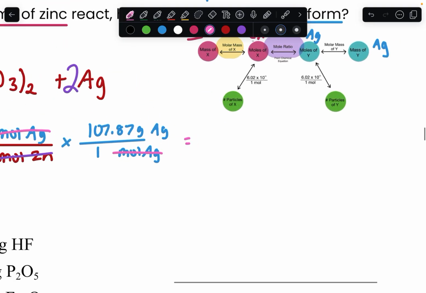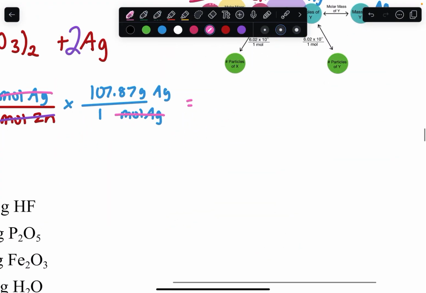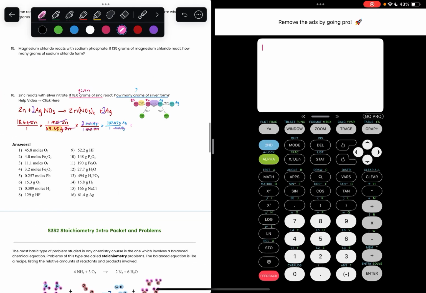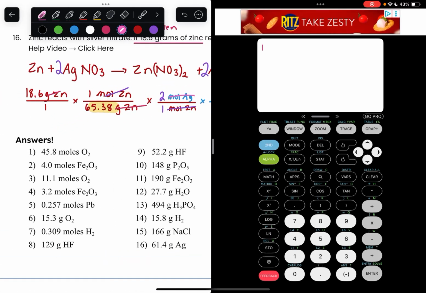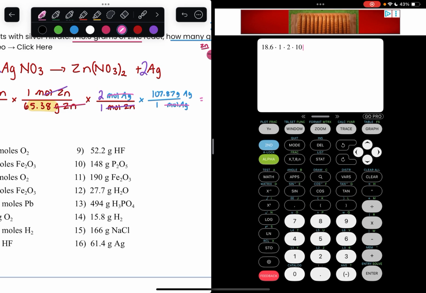Let's go ahead and put this into my calculator. We are going to start by taking our first number, which is 18.6. We're going to multiply that by the next top number, which is 1, then the 2, then the 107.87 grams.